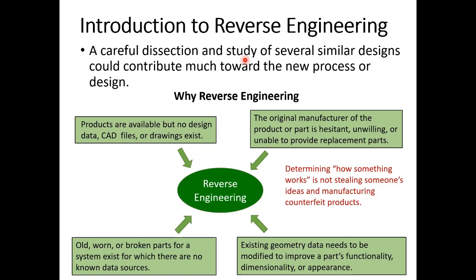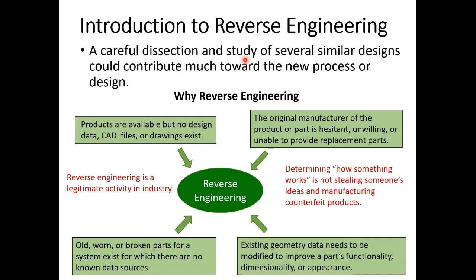So this process is more or less to study how something works, not just to steal somebody's idea and produce some counterfeit products. At the same time, reverse engineering is a legitimate activity which is widely used in industry. So it's not just stealing. If you copy somebody's product one-to-one, it is stealing rather.